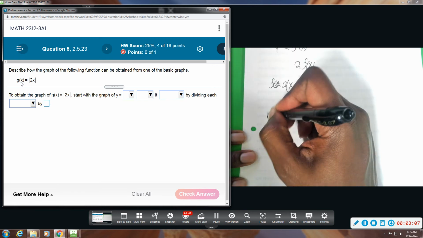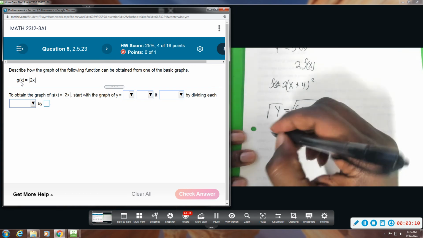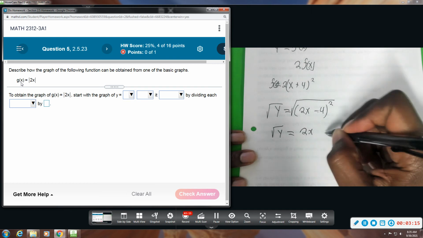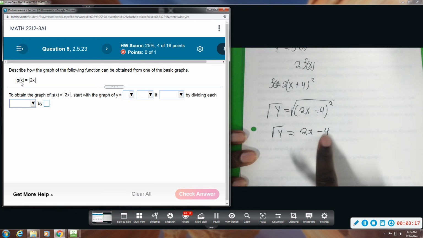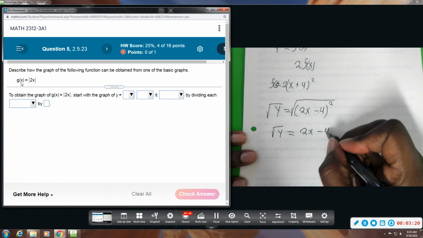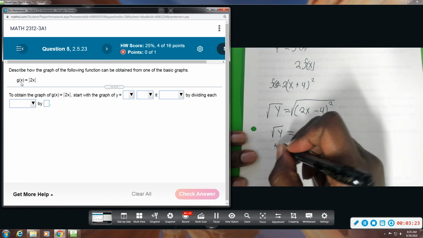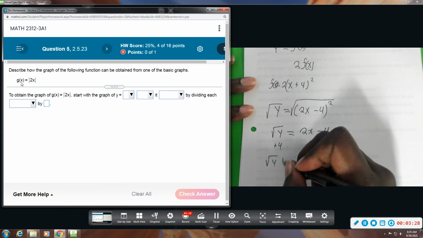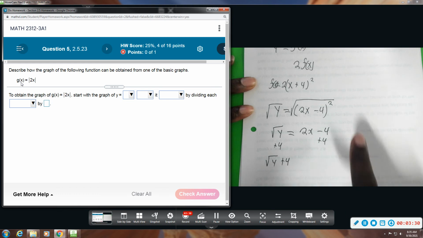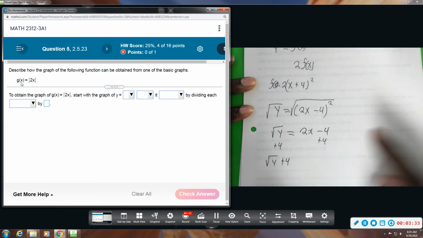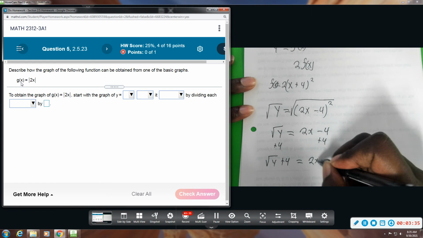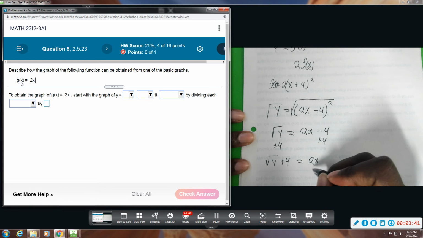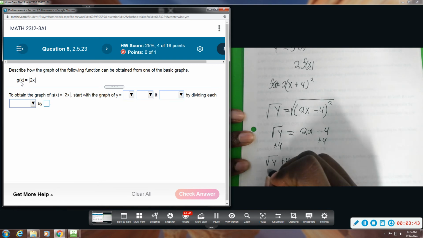of both sides. So I'm going to go through the solving process. Square root, and so I would have the square root of y equals 2x minus 4. So when I solve for x, this minus 4, to get rid of it, I have to actually add 4. So I have the square root of y plus 4. So in actuality, that minus 4 was a plus 4. That's why we go right 4 when we see the negative. Equals 2x. And then to get rid of this 2, to get x by itself, what we're actually doing is divide by 2.